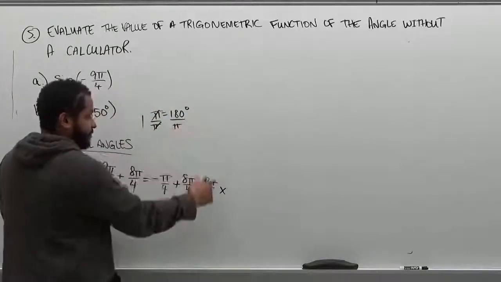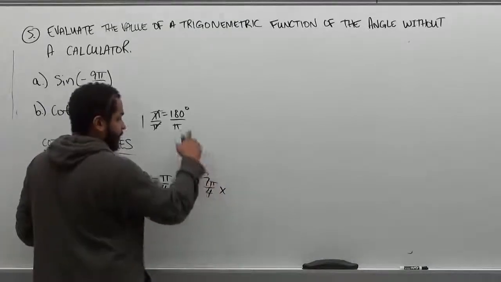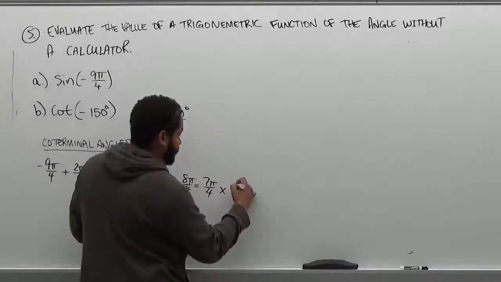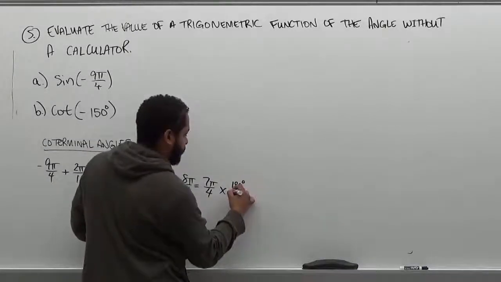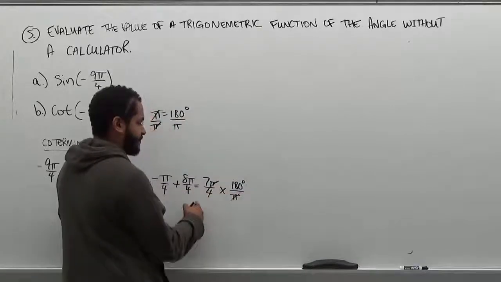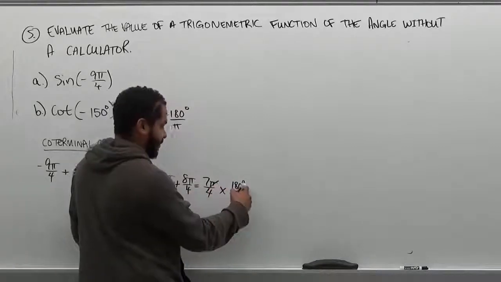So we multiply by 180 over pi to convert from radians to degrees. Here the pi's go away, and we have 7 over 4 times 180 degrees.